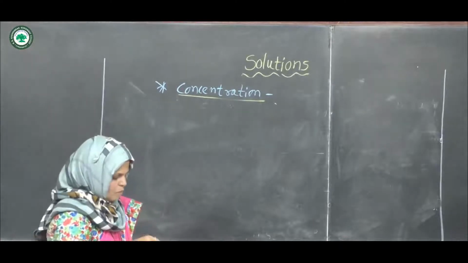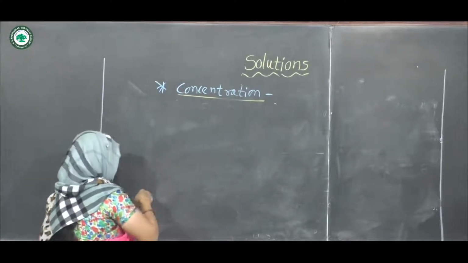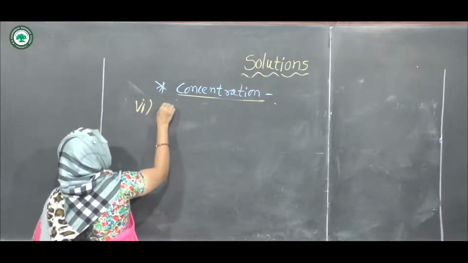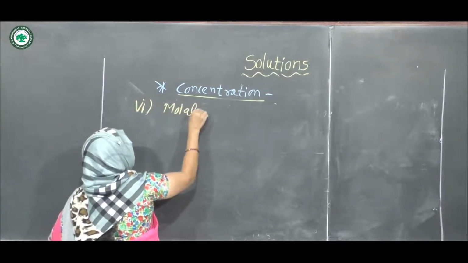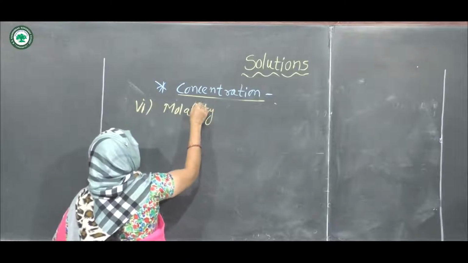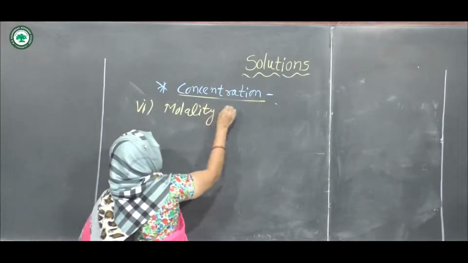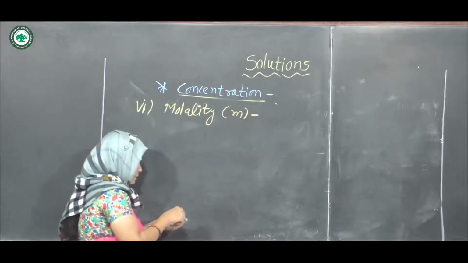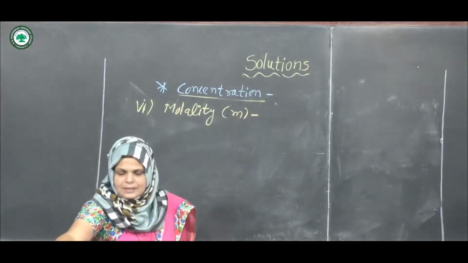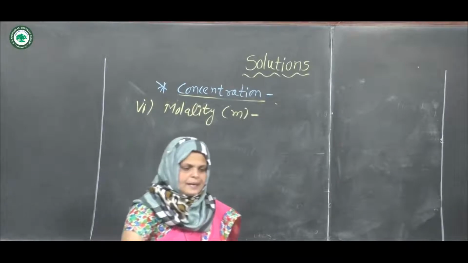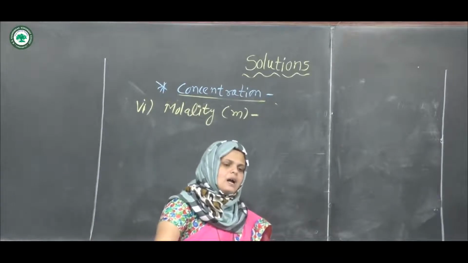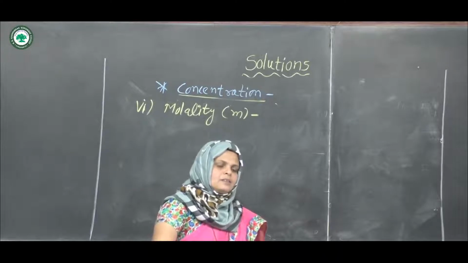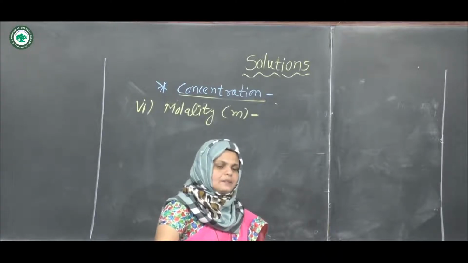Okay, the next, sixth type in which the concentration of solution is expressed is molality, which is denoted by small m. Molality is defined as the number of moles of solute dissolved in the mass of solvent in kg.